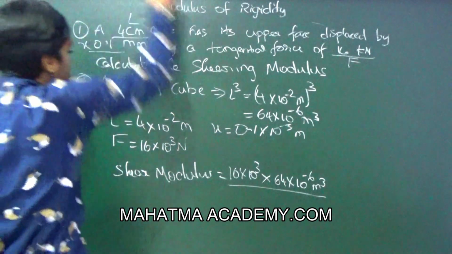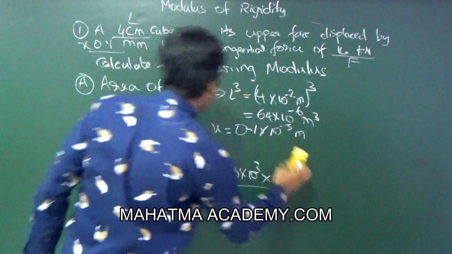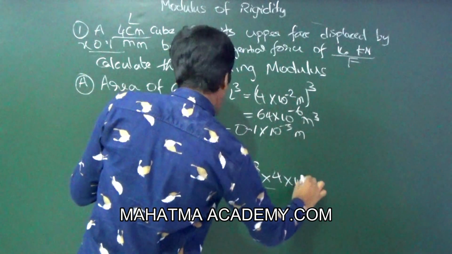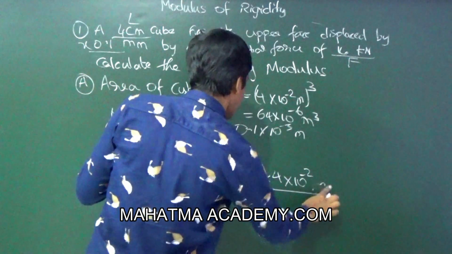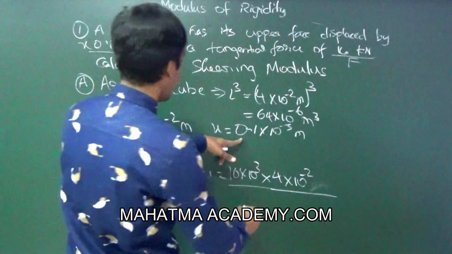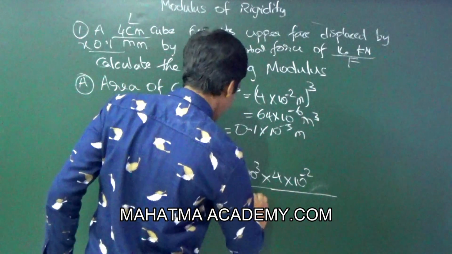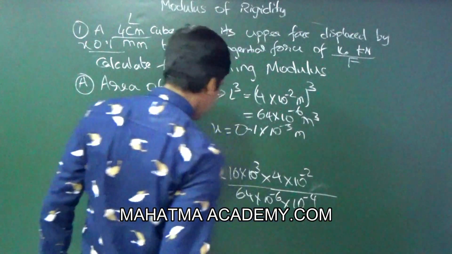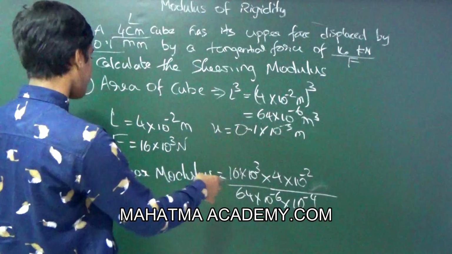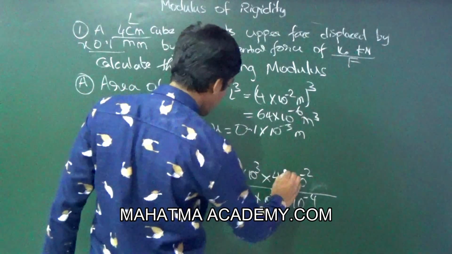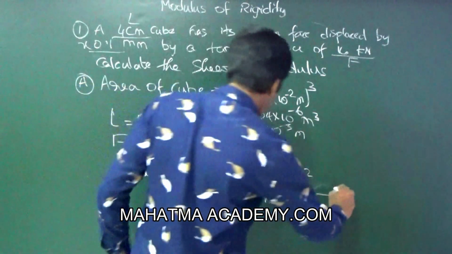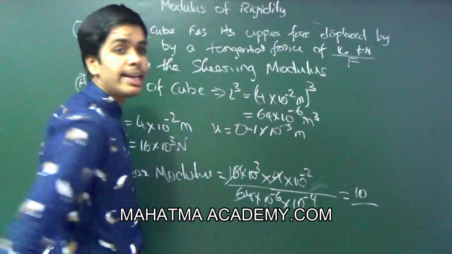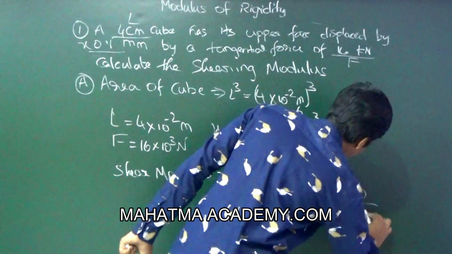One minute, here there is a small mistake. Here the length is 4 into 10 to the power of minus 2 meters, upon 64 into 10 to the power of minus 6 into 10 to the power of minus 4. Now it is 16, so this will cancel, and here it will become 10 upon 10 to the power of minus 6 into 10 to the power of minus 4, which is 10 to the power of minus 10.